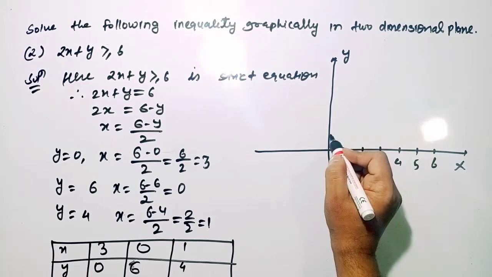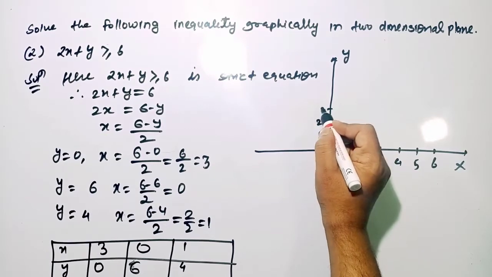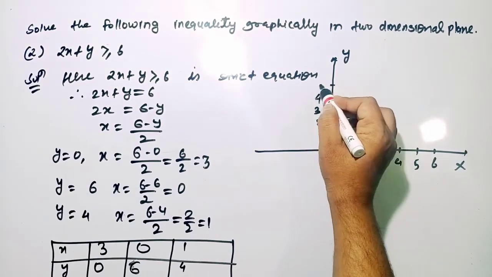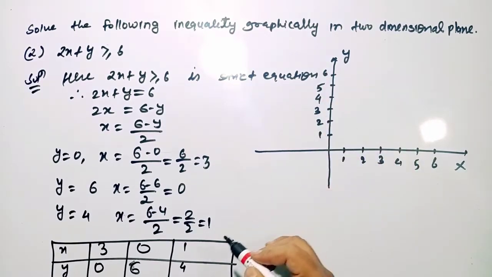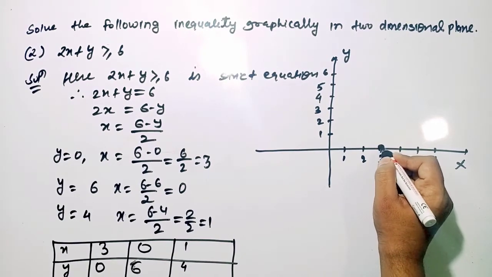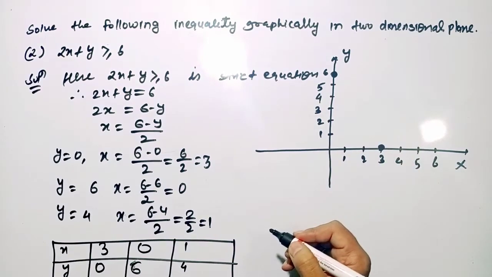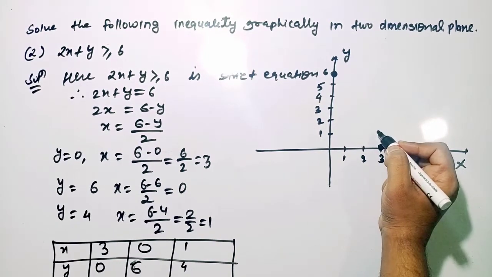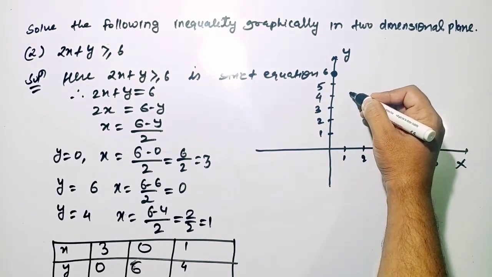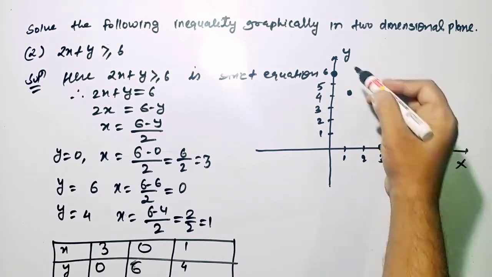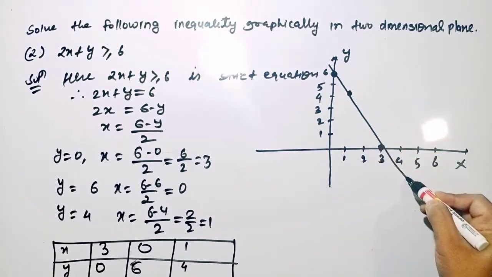So x and y axis, annotating the points on the x and y axis. Now the point (3, 0) lies on the x axis, then (0, 6) lies on the y axis, and (1, 4) is in the first quadrant, so all these points are collinear.